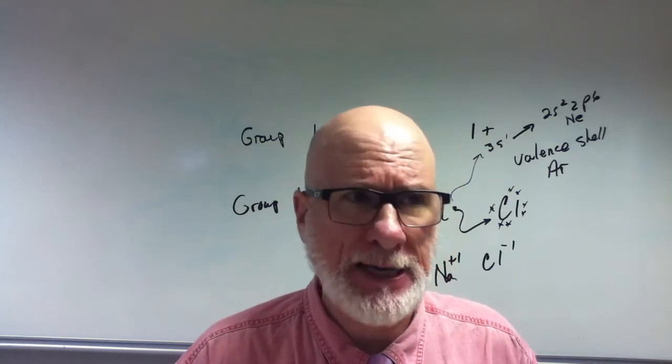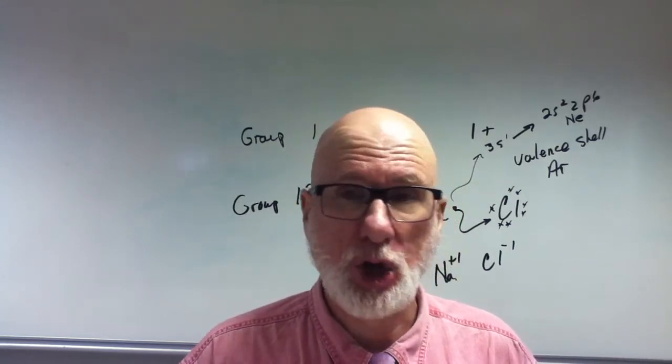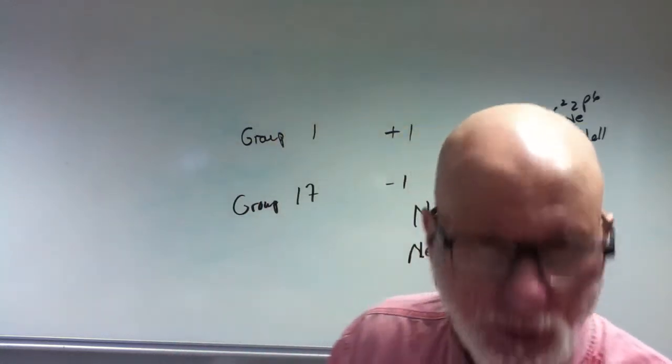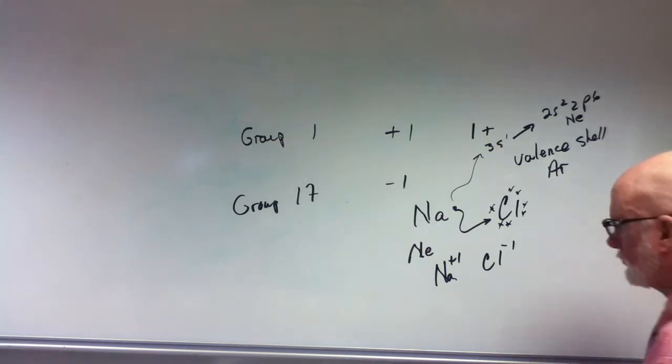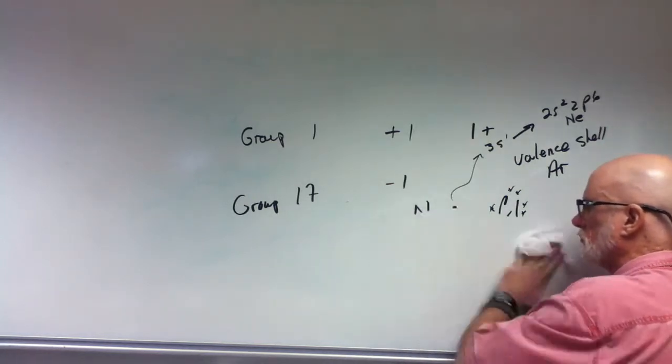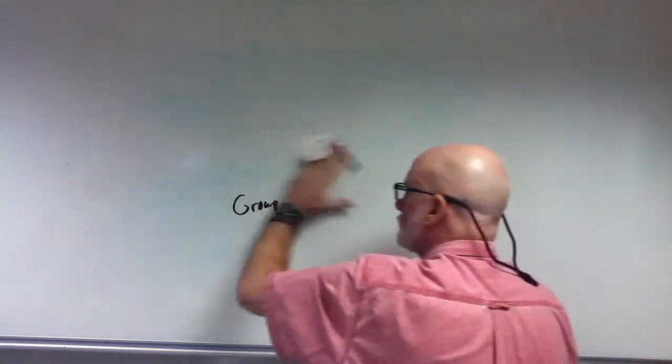Okay. So what would you say about something like aluminum chloride? Aluminum and chlorine. What's aluminum? We know what chlorine is. Chlorine is 3.